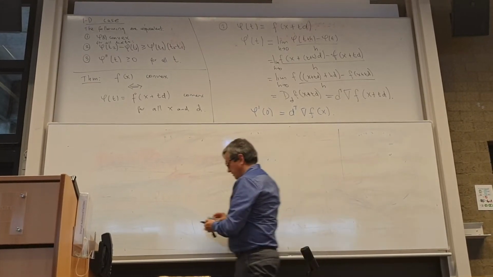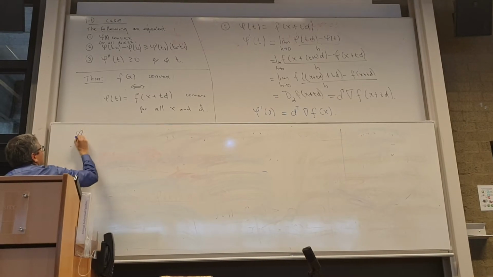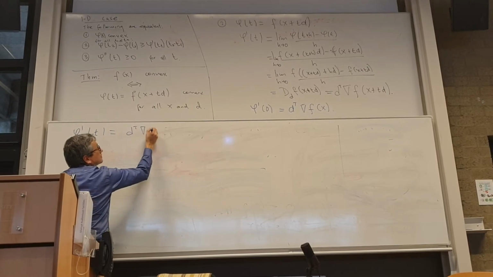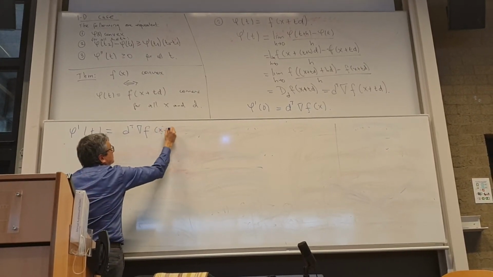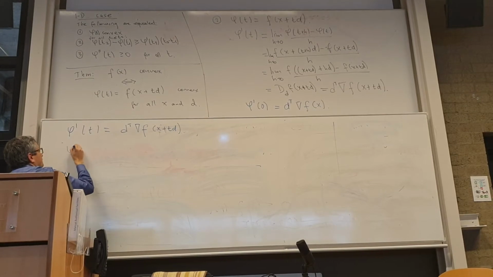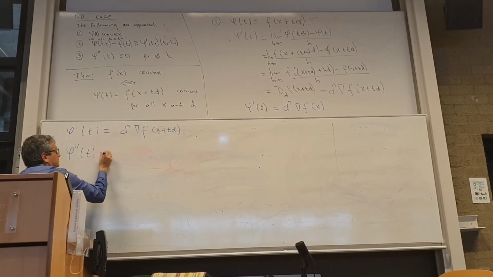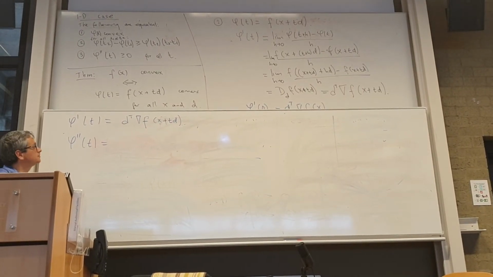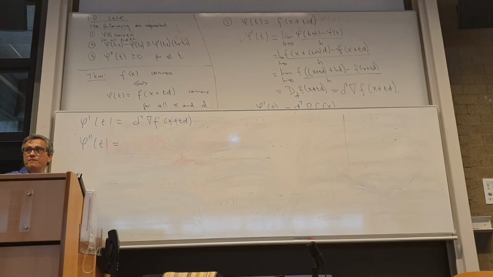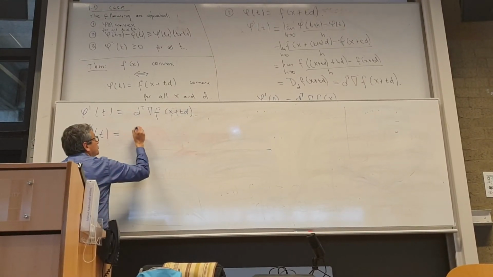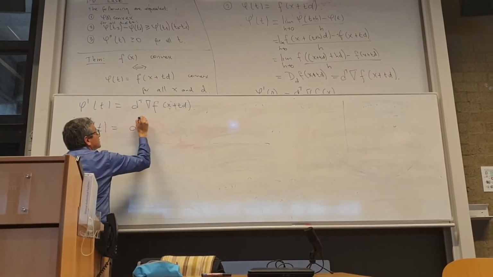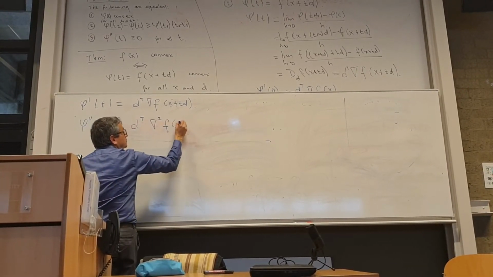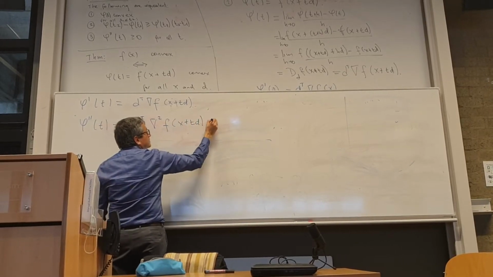No, actually for that one, I need to look at the other one. Phi prime of t, because that is d transpose the gradient of f of x plus td. What is phi double prime of t? So I will have to do this derivative, okay? I will just write the answer, and then we can discuss why that is true. It's going to be the Hessian evaluated at x plus td times d.